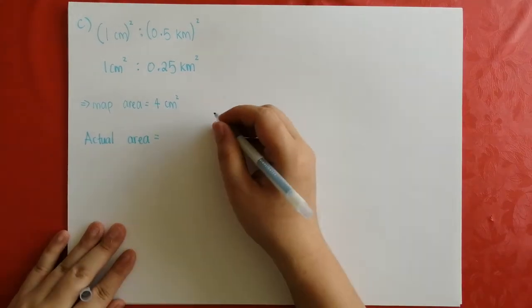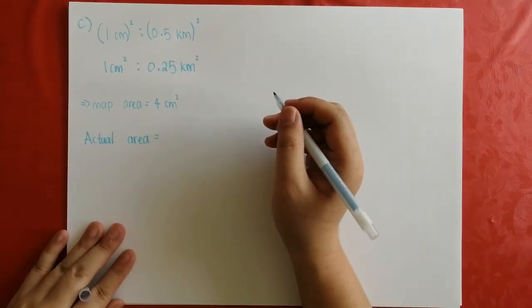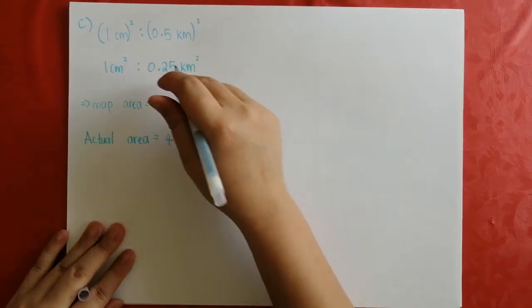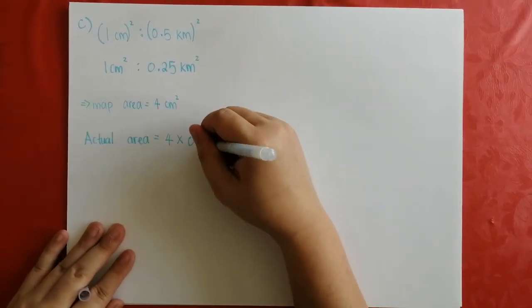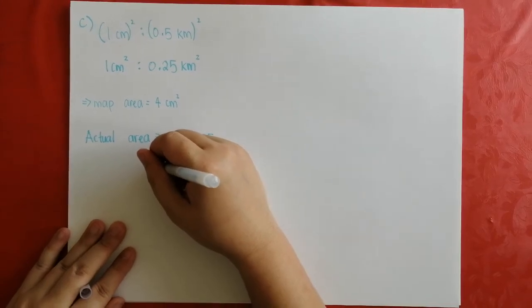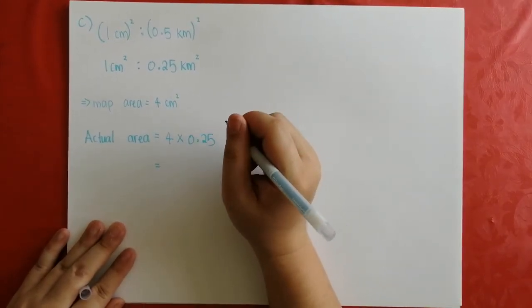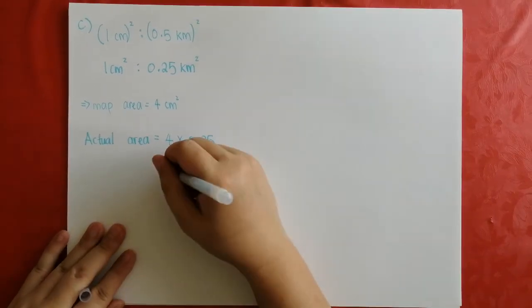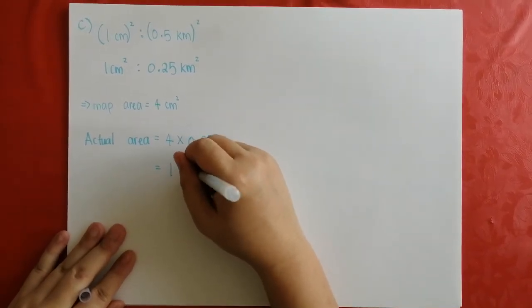So you have to use the map area, which is 4, multiplied by the scale, which is 0.25. That gives you the actual area of 1 square kilometer.